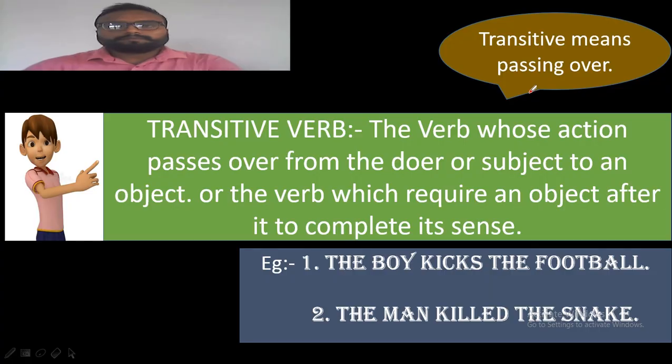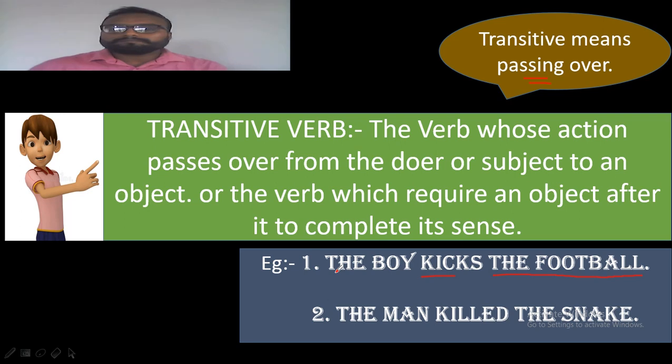Now let's move to the definition. While giving you the example, I already gave you the meaning of the word transitive, which means to transfer or passing over. Now coming to the definition: the verb whose action passes over from the doer or subject to an object. In the example, the boy kicks the football, the boy is performing the action of kicking the football, and the effect of this kicking is being transferred to the football.